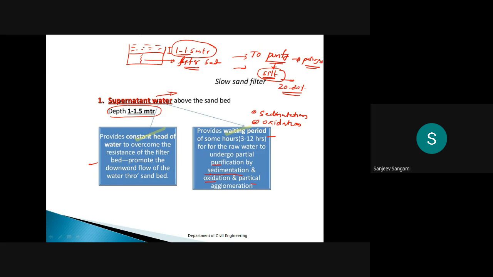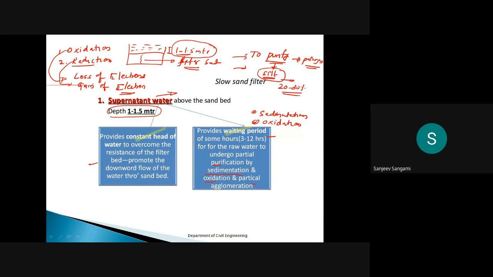You have two processes: first, oxidation, and second, reduction. Oxidation means the loss of electrons. Of course, we will not go into detail. Reduction is the gain of electrons.